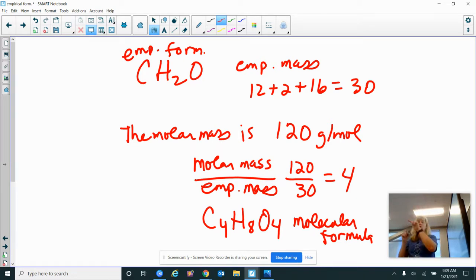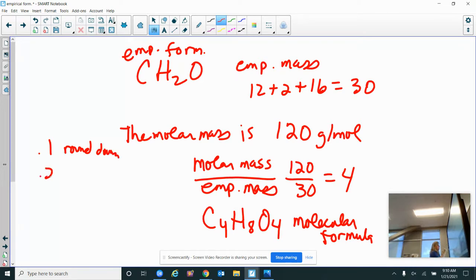If those aren't all whole numbers right there, you have to multiply through by a number to make it a whole number. And sometimes when you've divided through, you might get one ending in 0.1, okay? And that you can just round down.